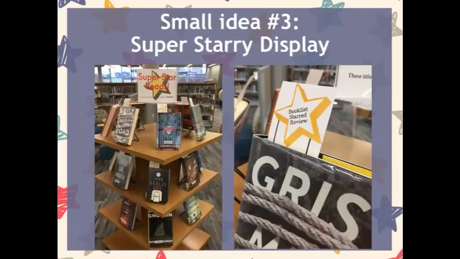This is something easy and fun, just a little fun idea. In case you want to do this yourself, I believe that Melissa might be sharing these printables with you so that you can whip these up this afternoon and put together your own display. I know it's hard to keep those displays filled sometimes, and this is a good idea to try and see if it goes over well in your library.